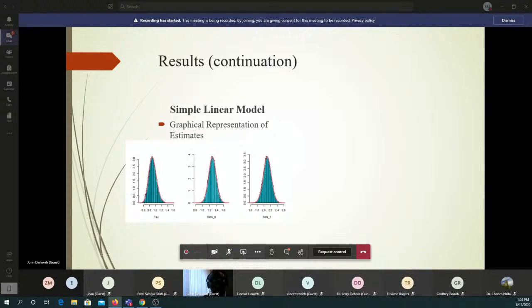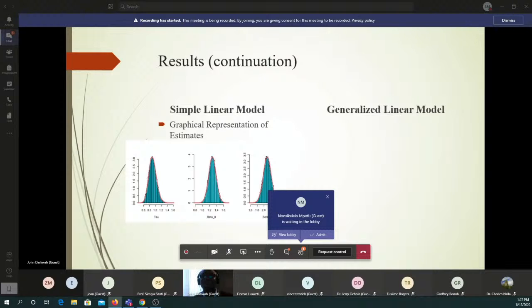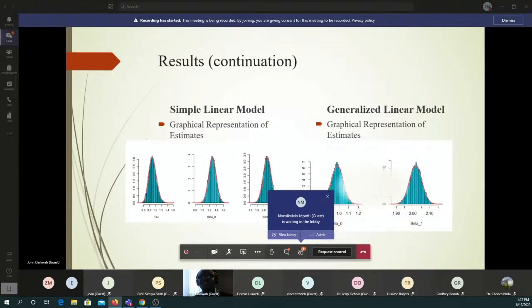We see that the red outline constitutes the estimates of the INLA, and the histograms constitute the realizations from MCMC, and we see that they overlap pretty well. Now, for the generalized linear model, we also did the same and they overlapped very well.